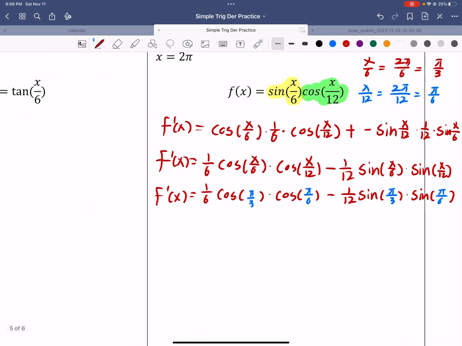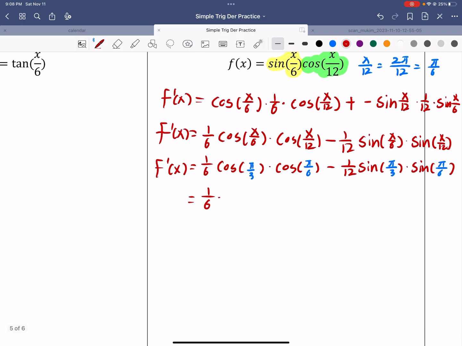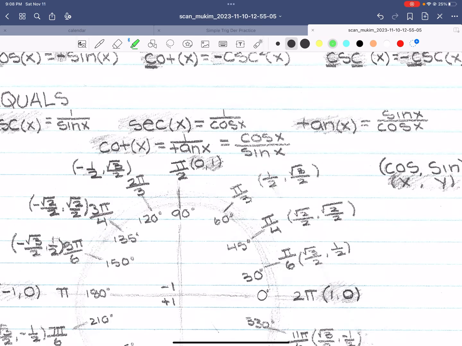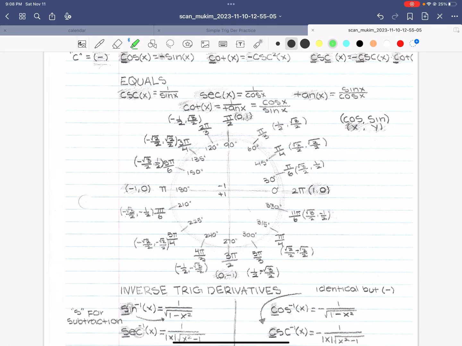So here, let's do this. 1 over 6 times cosine pi over 3. If you look at this one, for pi over 3, cosine is 1/2, and sine is square root of 3 over 2. So keep that in mind.